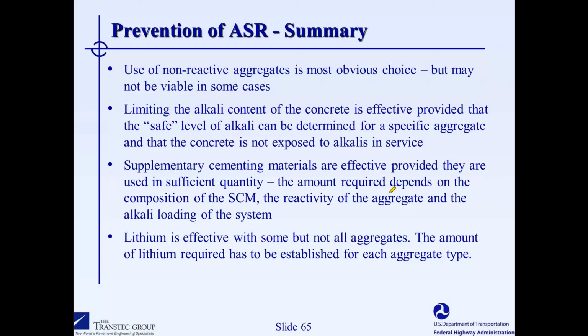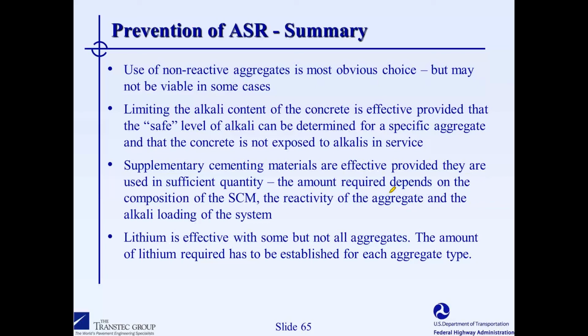Okay, so let's summarize our presentation on alkali silica reaction and preventive measures. The use of non-reactive aggregate is the most obvious choice, but may not be viable in some cases. Limiting the alkali content of the concrete is effective, providing that the safe level of alkali can be determined for a specific aggregate. And if we can't determine that, we have to use empirically derived maximum alkali levels.